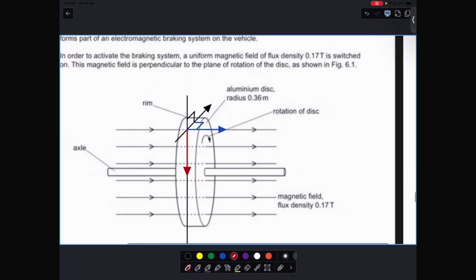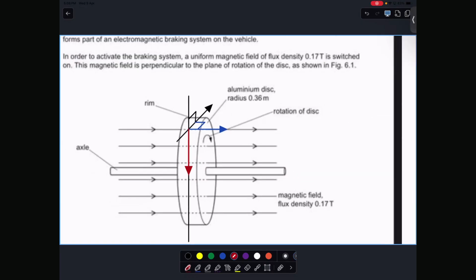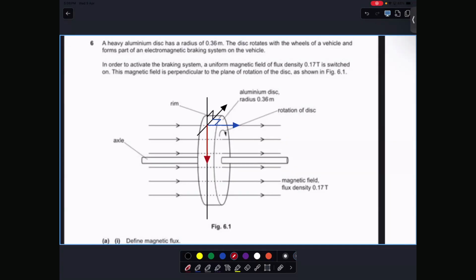Like, what are they doing in the Western world? This is used in car tyres. It's called regenerative braking.